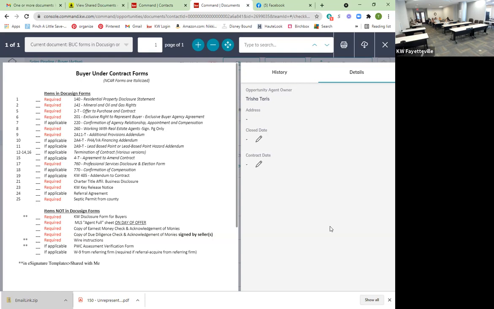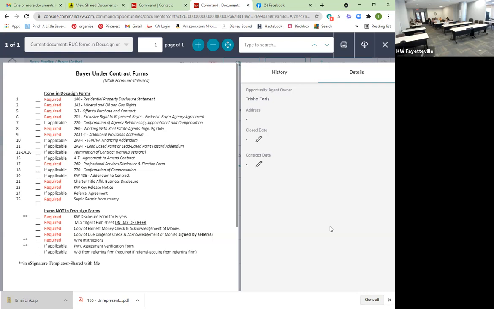Now, working with real estate agents, you have to check which ones are buyer agents or okay with dual agency. It's on there right away now. But in this climate, I don't think you can be cautious enough.